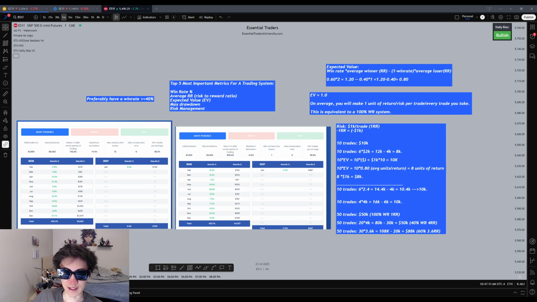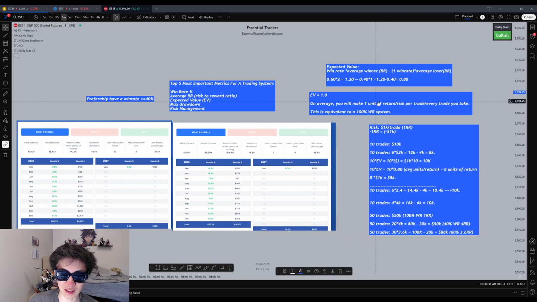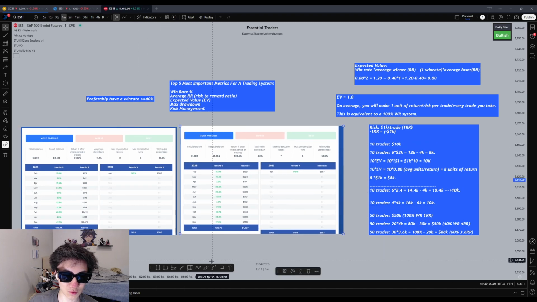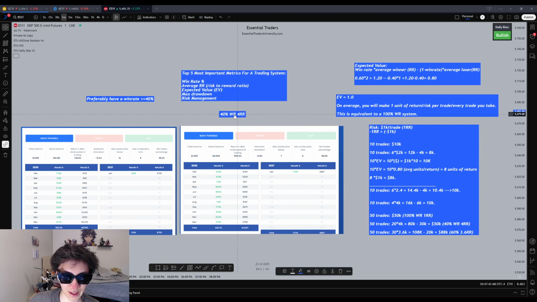Okay, perfect. So I got these 2 screenshots from the Monte Carlo simulation website that I've shown in my previous videos. I don't have the exact link off the top of my head right now, but you can go back to those videos if you want to find the exact link. Nonetheless, I have 2 systems that we were discussing earlier in the video. We have the 40% win rate here at 4 risk reward average.